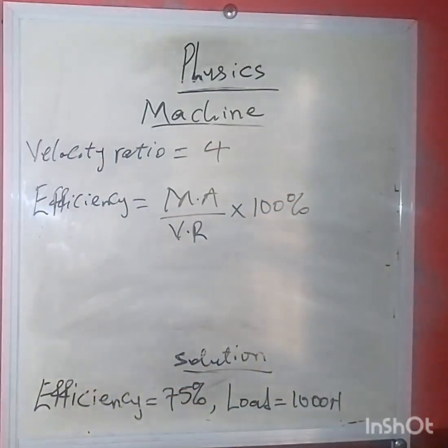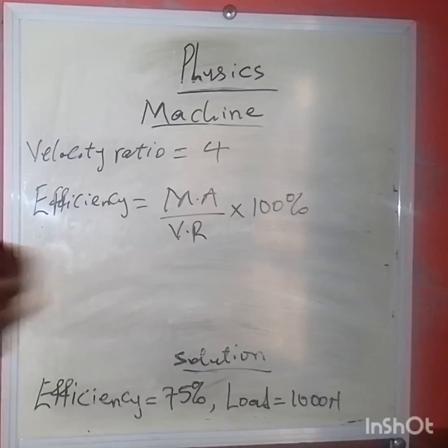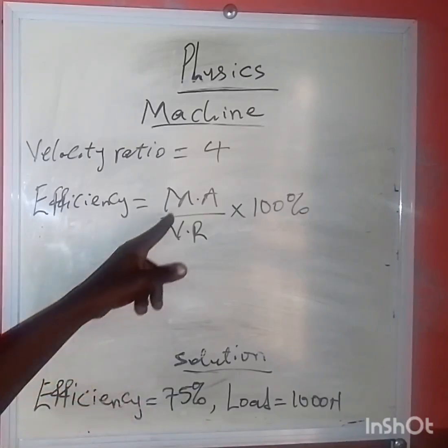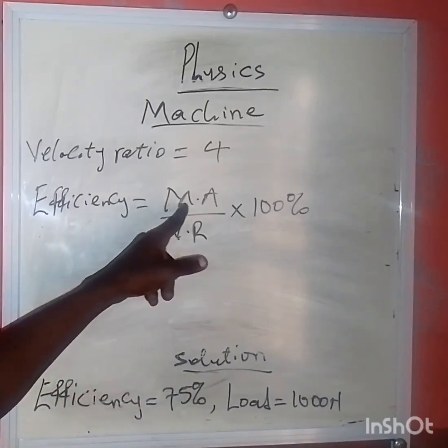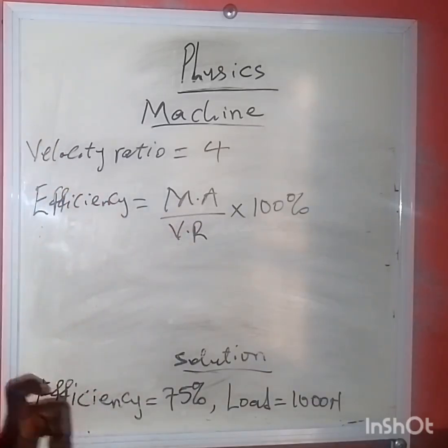This is the formula to calculate efficiency of a machine. We've been given efficiency, 75%. We want to calculate mechanical advantage so that we can use it to calculate the effort put into the machine.